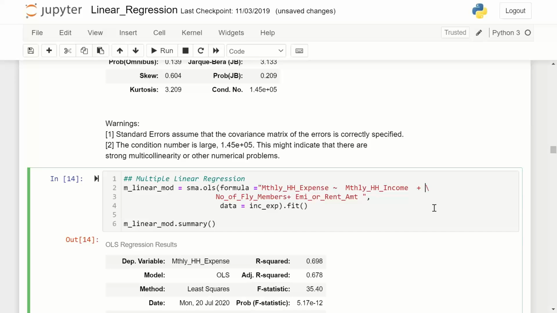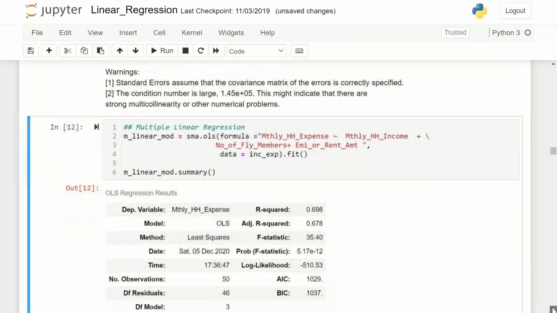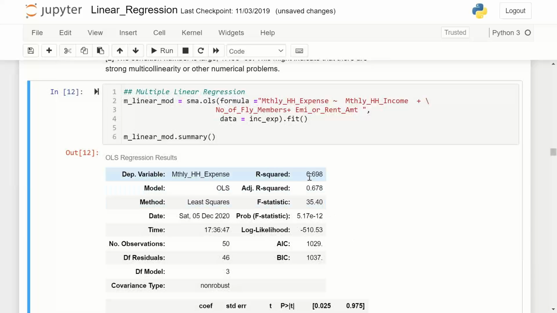And this slash, note down this slash because my equation is running on multiple lines. That's why I put this slash here. Okay. Control enter. Now if I fit with 3 variables, my R squared has gone up to 0.698. That is almost 70%.